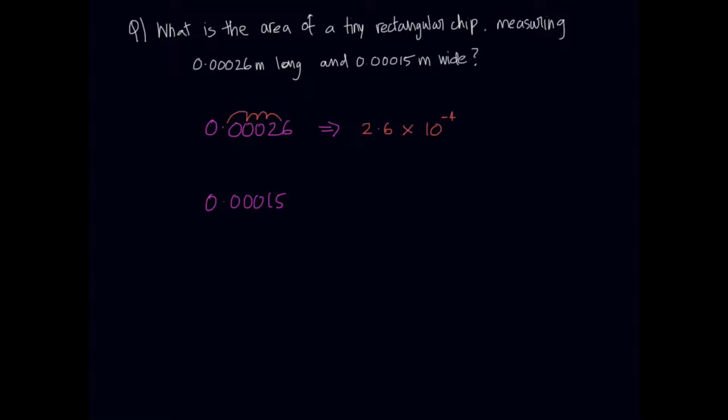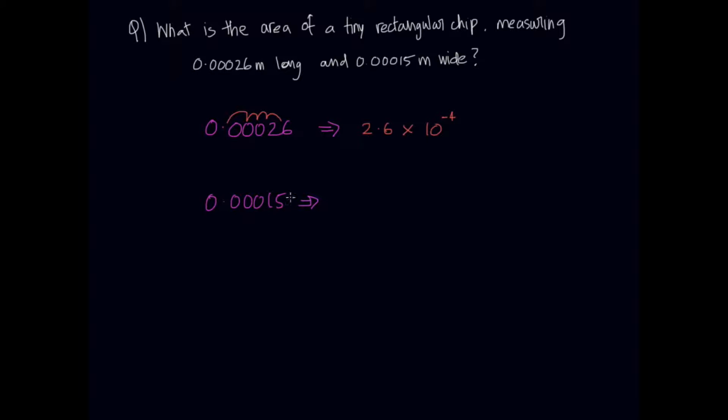And for this one, we have 0.00015. And again, we have to first decide what our value of n is going to be. The two digits here I can work with are 1 and 5. Now 15 by itself is too big, 0.15 is too small.